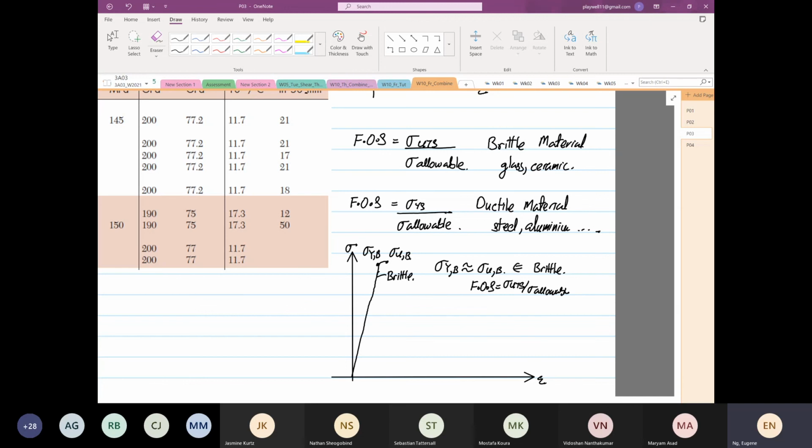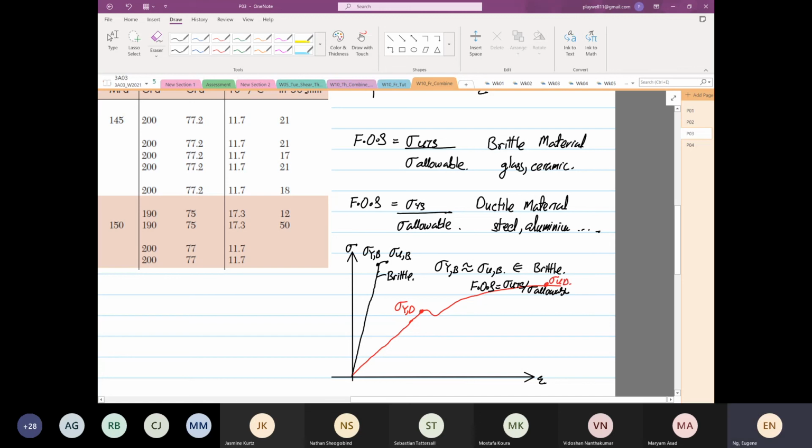For ductile material, you don't see that. The Young's modulus is lower. That's why the curve is less steep, and then it does this. So this is where your yield is. This is your stress yield ductile. Over here, this is your stress ultimate ductile.